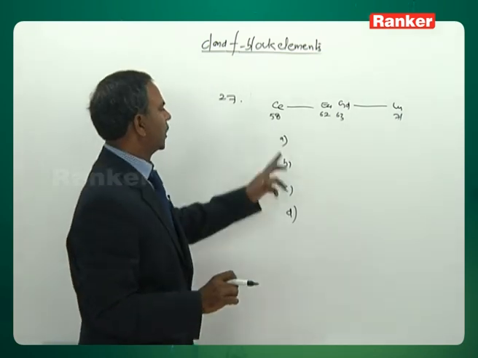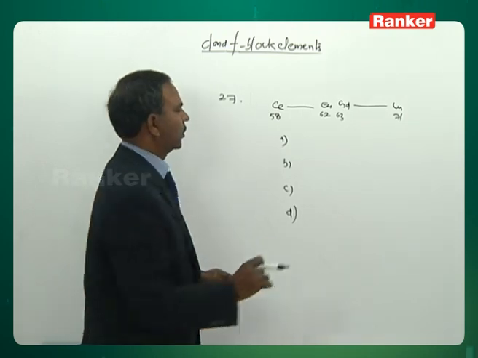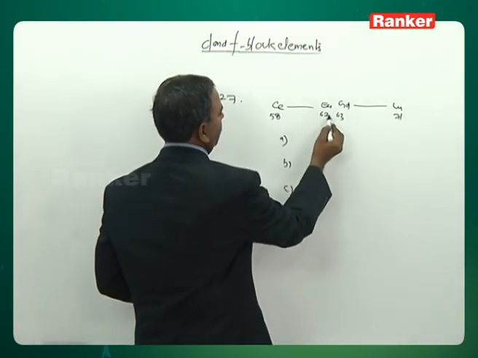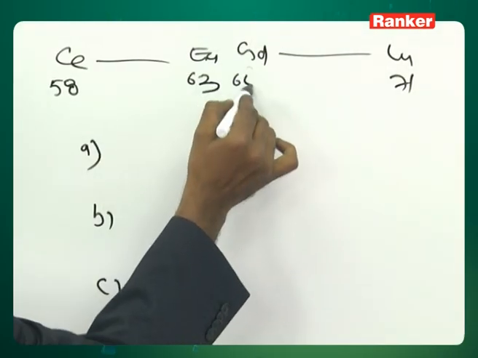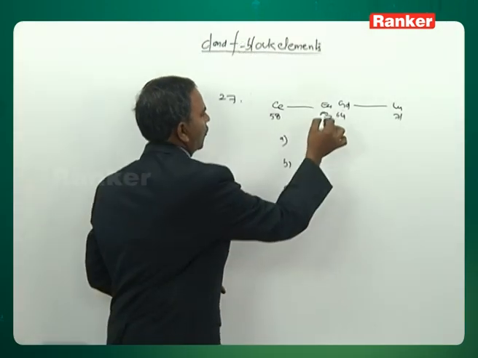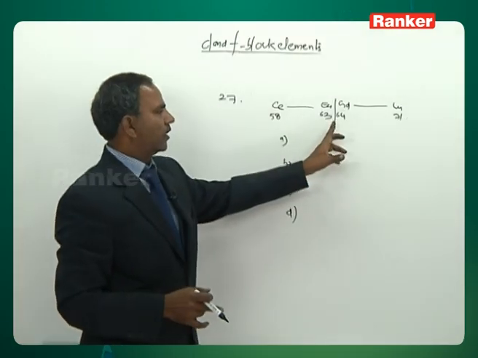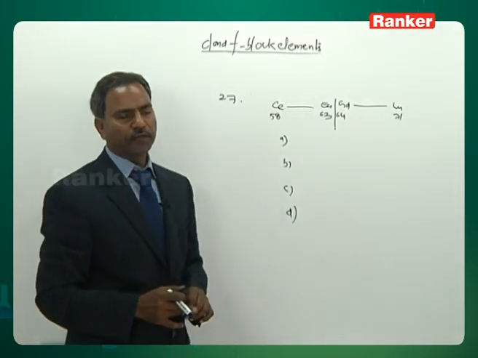Then gadolinium 64 to lutetium 71. The first half is lighter lanthanides, and the second half is heavier lanthanides.